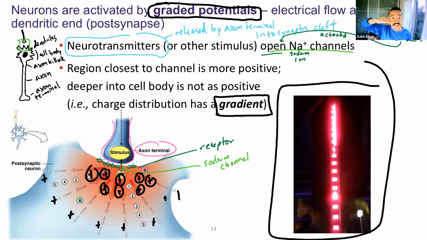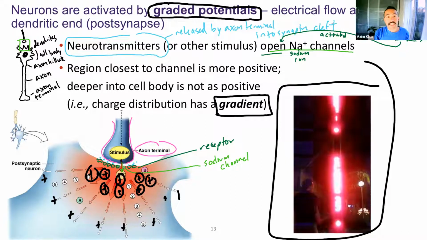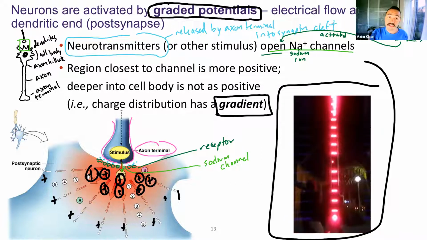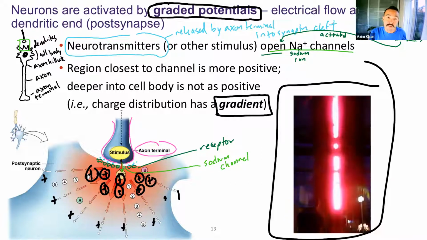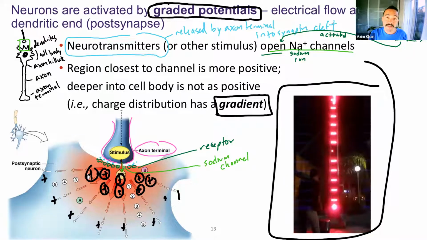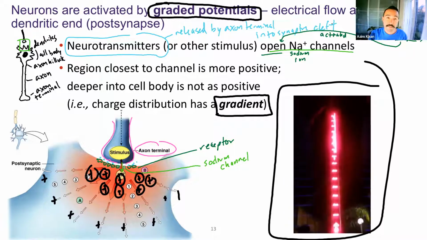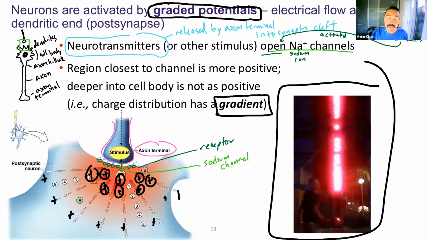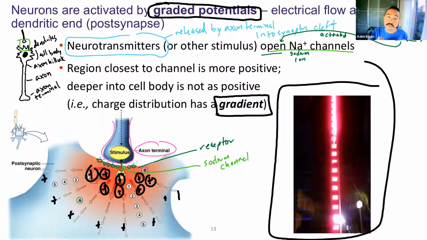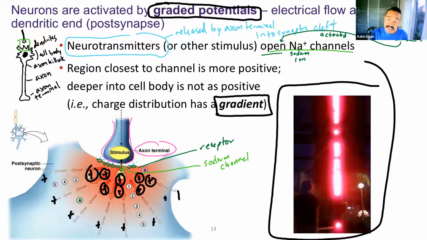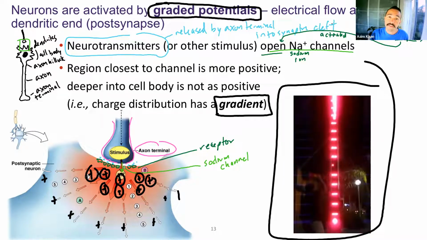There is a gradation depending on how much stimulus you get. How much sodium comes into the cell depends on how much our cell was stimulated, how many times this dendrite was stimulated. That's how we get a graded potential, this flow of sodium ion, this flow of electricity into the dendrite cell body side of our neuron.